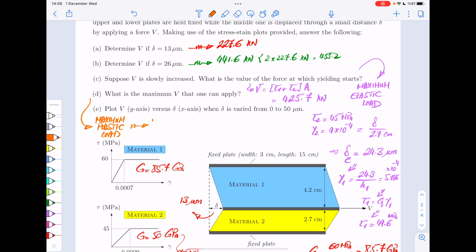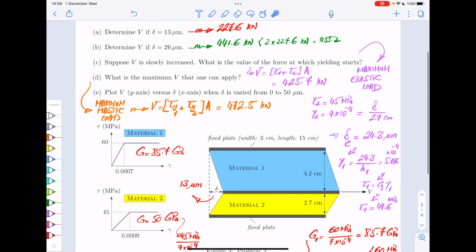So that V would be tau Y, so the yield limit of the first material plus the yield limit of material 2 times area. Okay, and that would be 472.5 kilonewton, which also makes sense. So it's more than this, and that's definitely more than this. Okay, so this is the maximum load you can apply, because these flatten, basically.